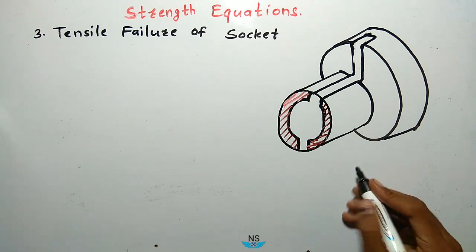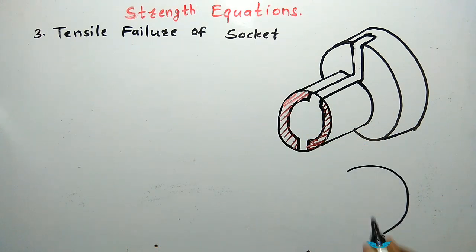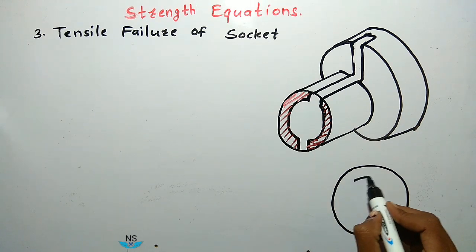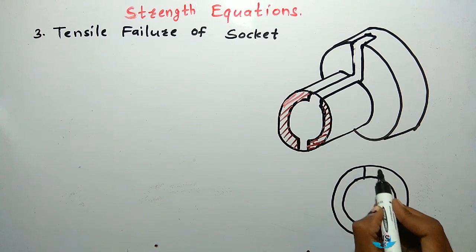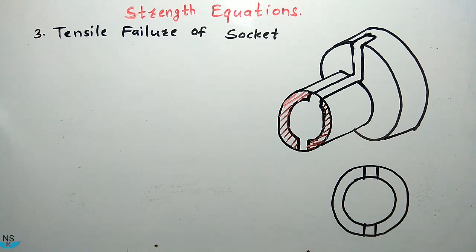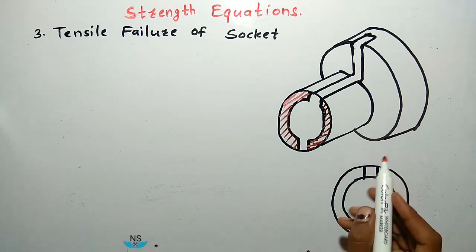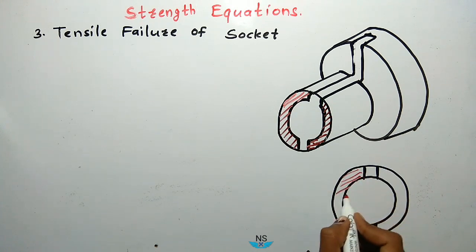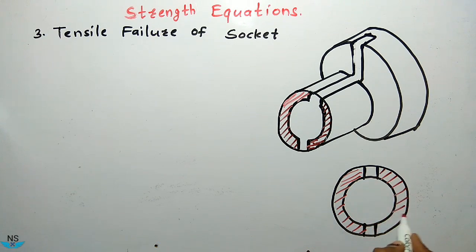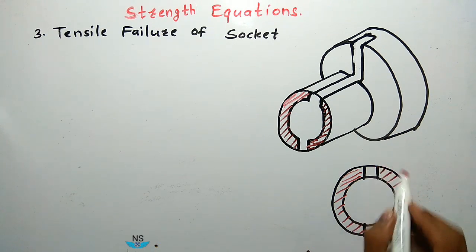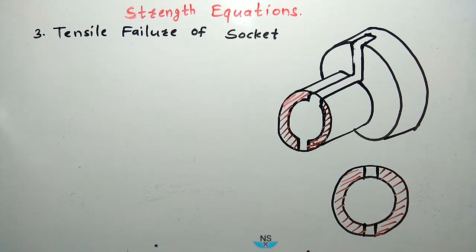Now, this is the slot and this area is failure area. And what is this diameter?